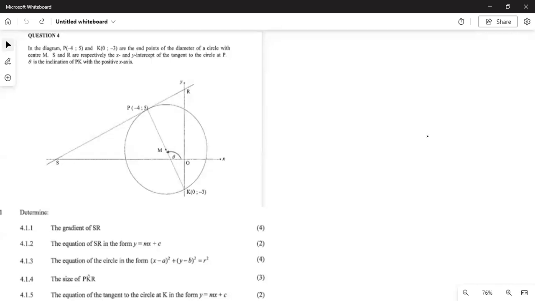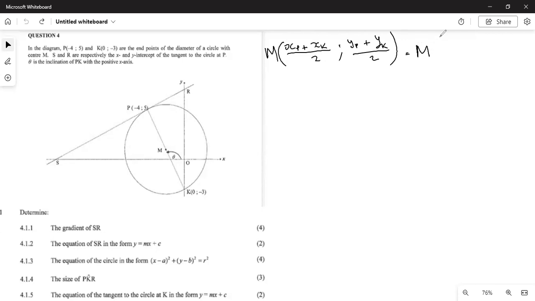And this is us looking for M, which is our center. We are told that M is the midpoint of P and K. So we're going to calculate the coordinates of M by saying x of P plus x of K over 2, and y of P plus y of K over 2.